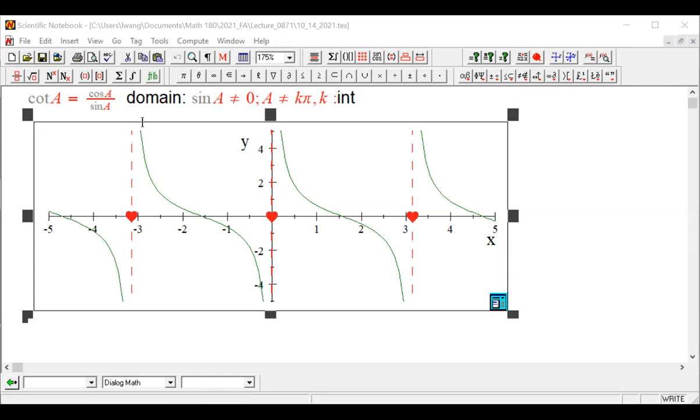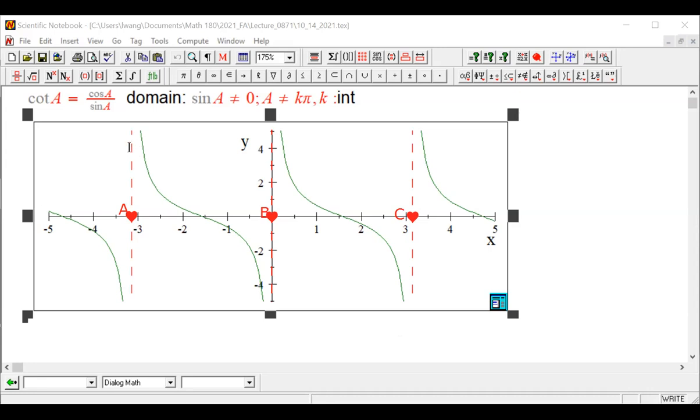I'm going to call this point capital A, this point capital B, and that point capital C.